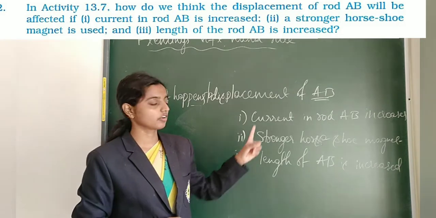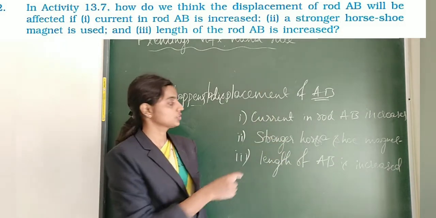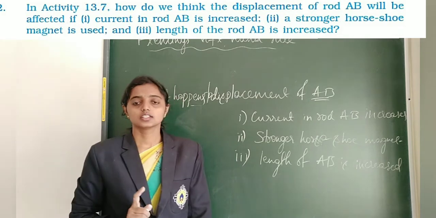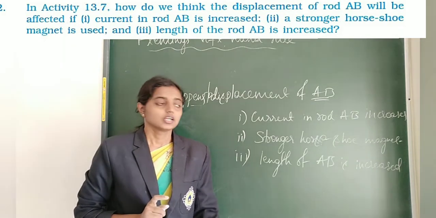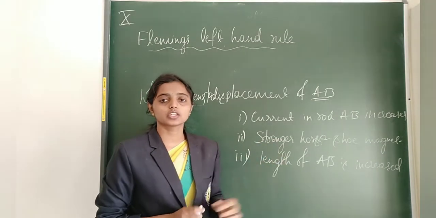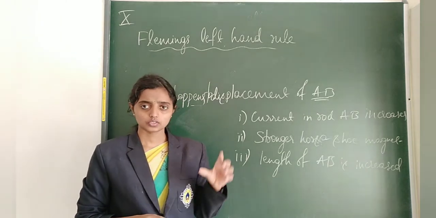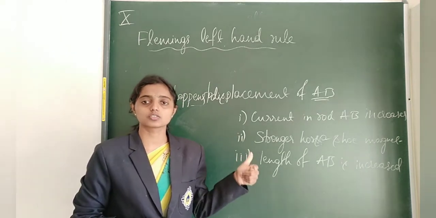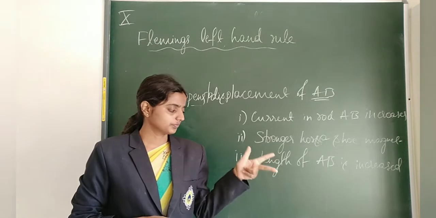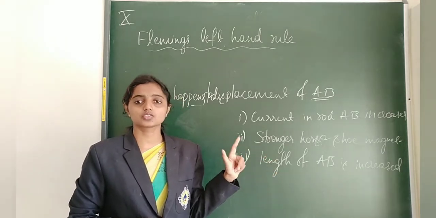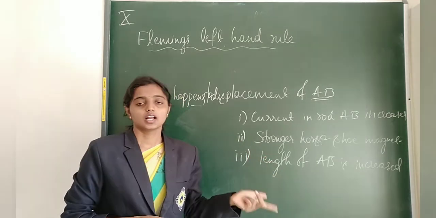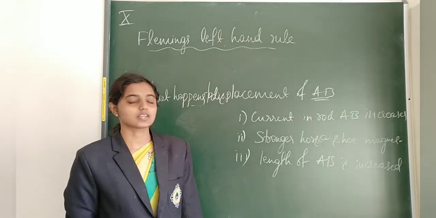This is based on the activity, and you should be able to answer this question. In the same in-text question, there is one more question to find the direction of force using the left hand rule. That is homework, you should try. I will explain in the next class.